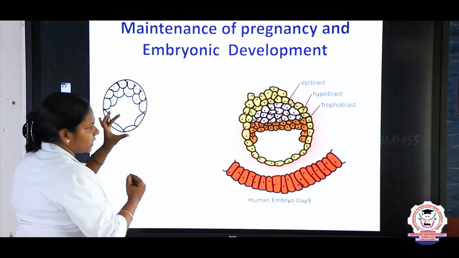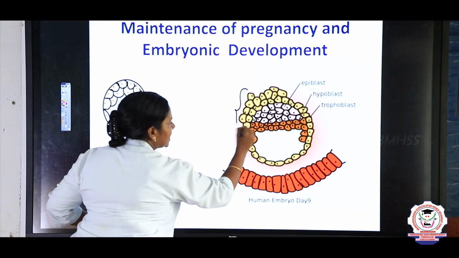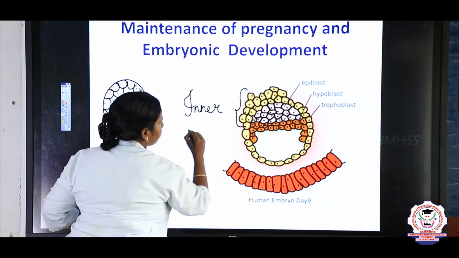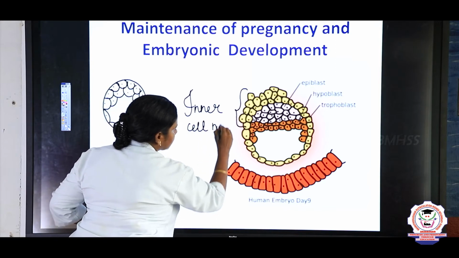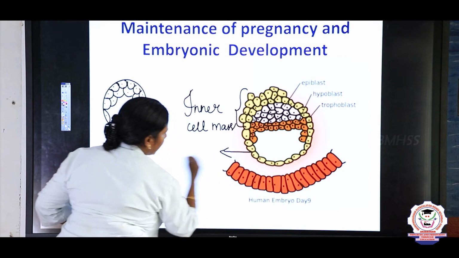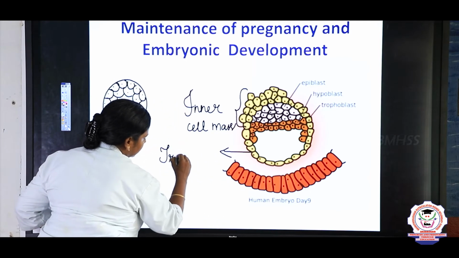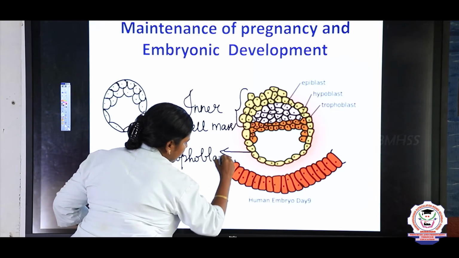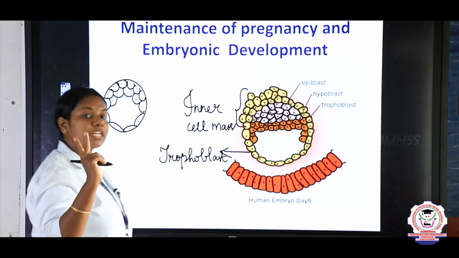Children, this is the inner cell mass, and this is the trophoblast. The inner cell mass gets divided into two layers.